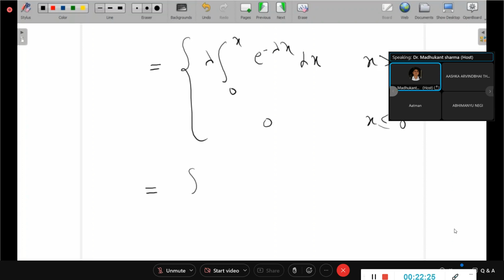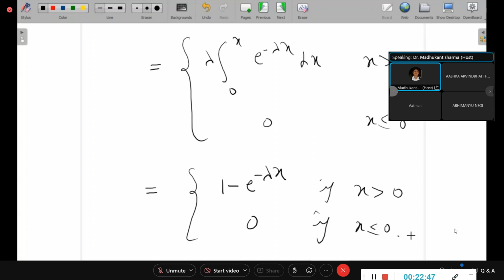The integral of e to the power minus lambda x is e to the power minus lambda x divided by minus lambda. I hope you can verify that this is 1 minus e to the power minus lambda x if x is greater than 0, and 0 if x is less than or equal to 0.